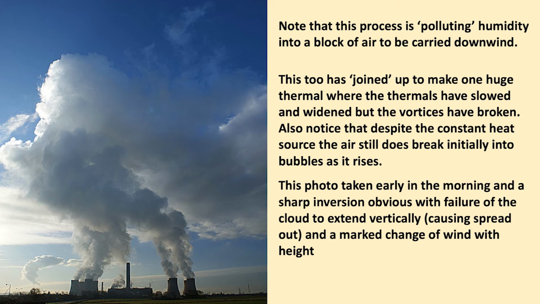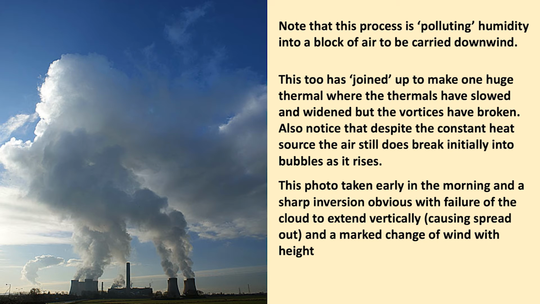So in this case, initially the thermal vortices are being driven off the cooling towers, but then they get to a much more stable environment where the thermal structure, or the vortex structure, collapses.